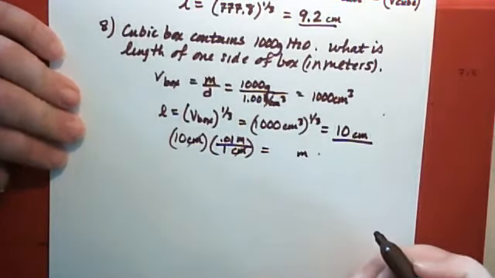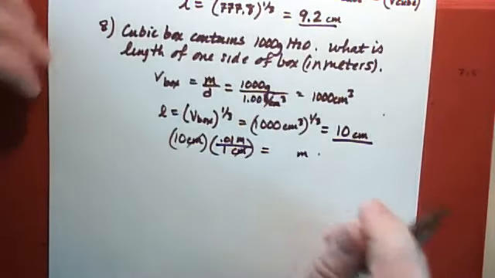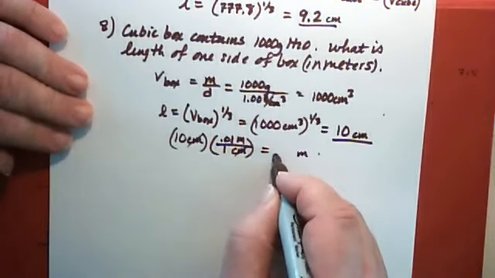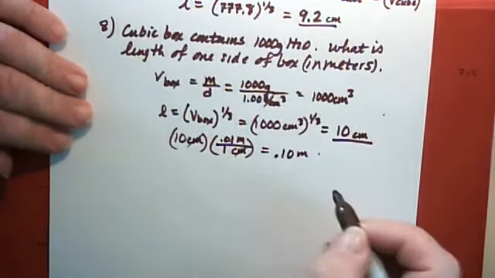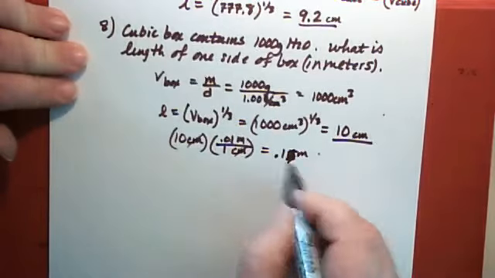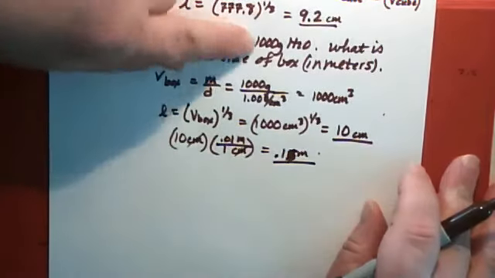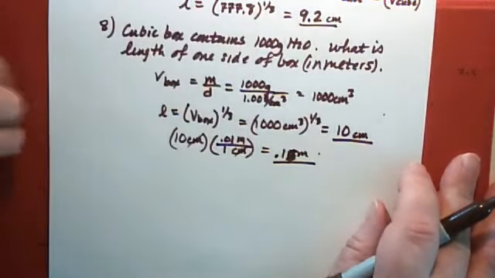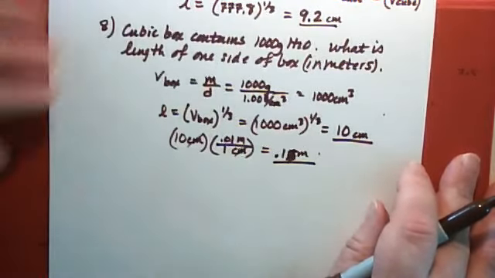You get m for the meters, in other words, for the unit. And 10 times 0.01 is 0.10. Technically that should just be 0.1 because of the significant figures. 1,000 with no decimal point is only one significant figure. So 0.1 it is.